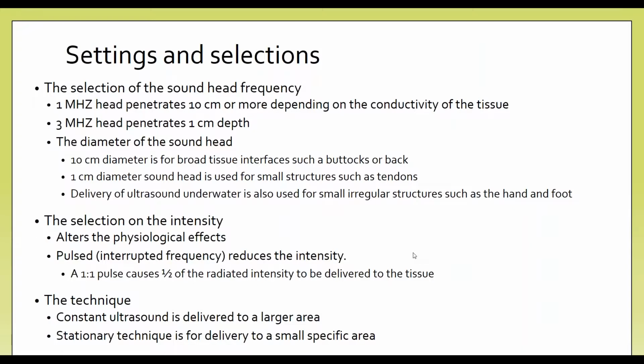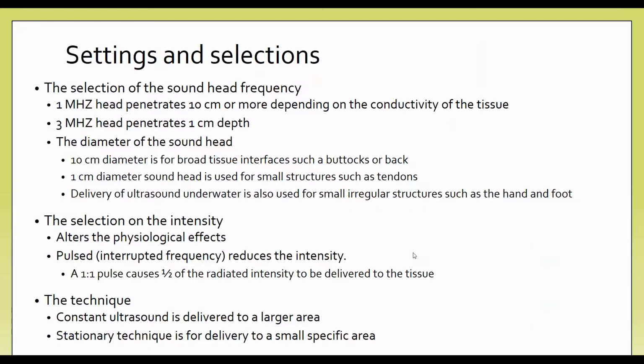Whatever you can set in a machine may be part of an answer choice, and they're looking for you to know the settings. The sound head has a frequency to it, and that really affects the depth of penetration. 1 megahertz through average tissue penetrates about 10 centimeters, which is fairly deep.